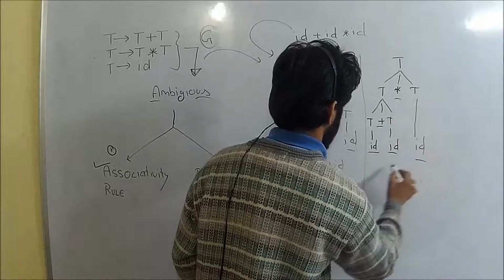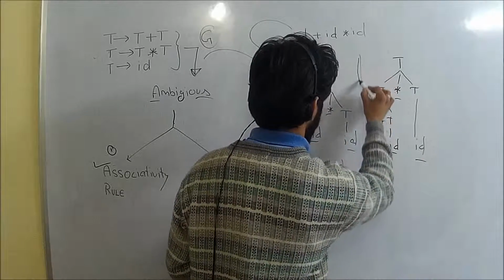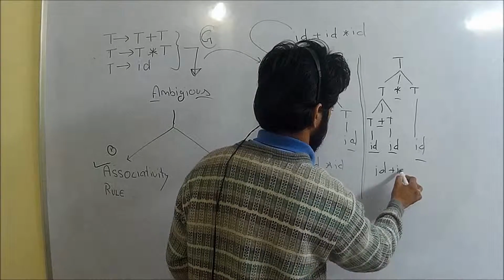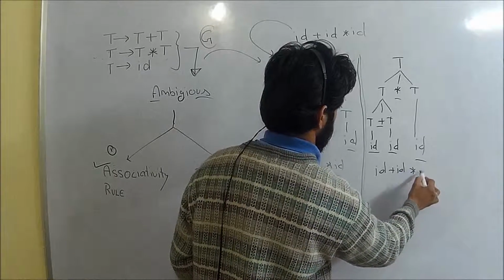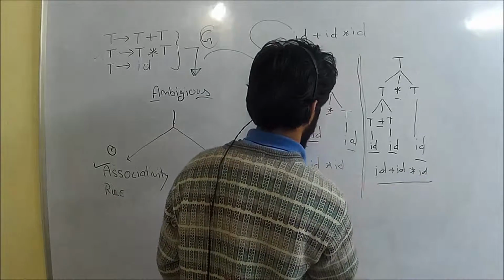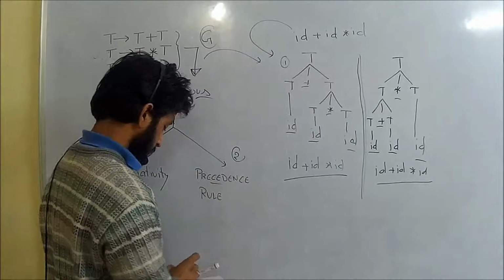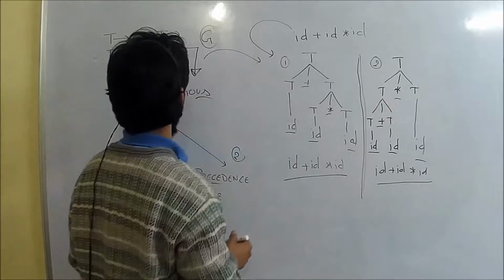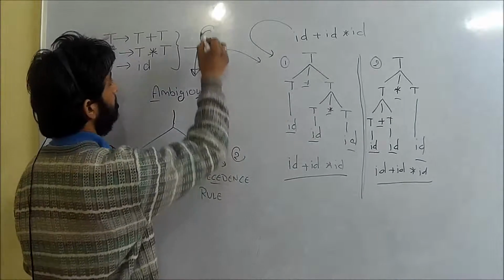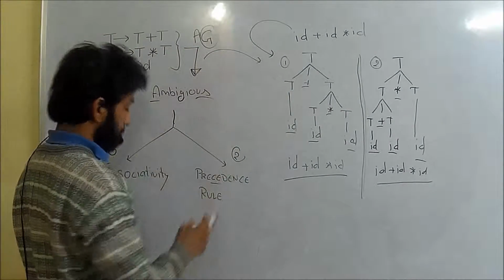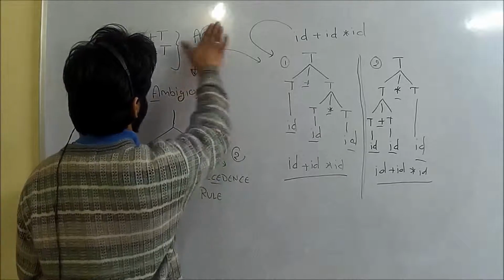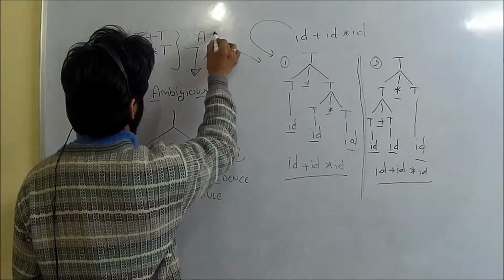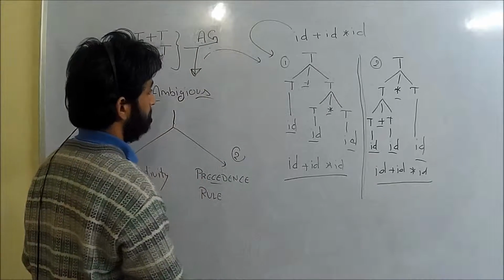So with this parse tree I am also getting the required string. So I have parse tree 1 and parse tree 2, and the grammar is an ambiguous grammar.